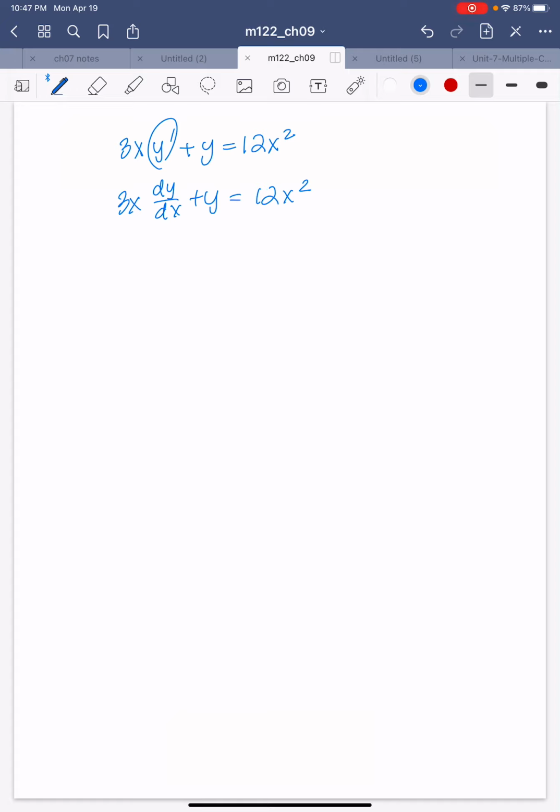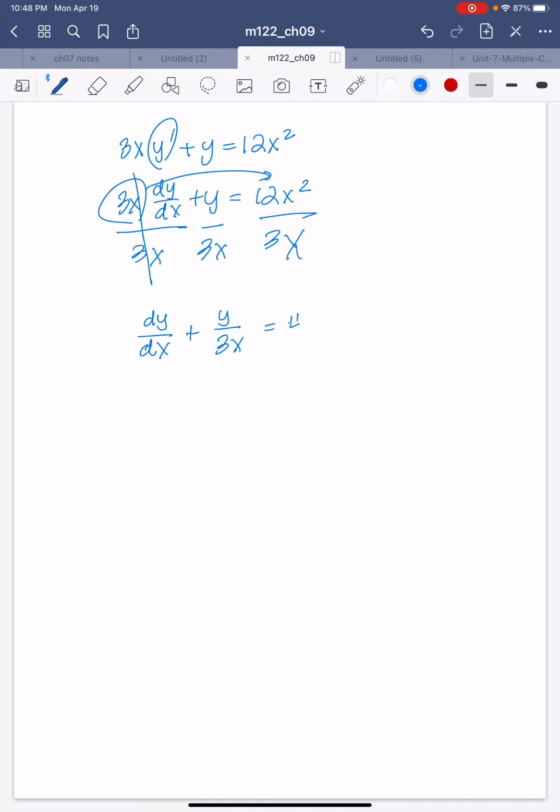If I want to move that 3x to the other side, then I have to divide by 3x here, and divide by 3x here, and divide by 3x. Well, the first term disappears, and nicely we have dy/dx. However, the middle term still has 3x, and the last term ends up reduced down to 4x.